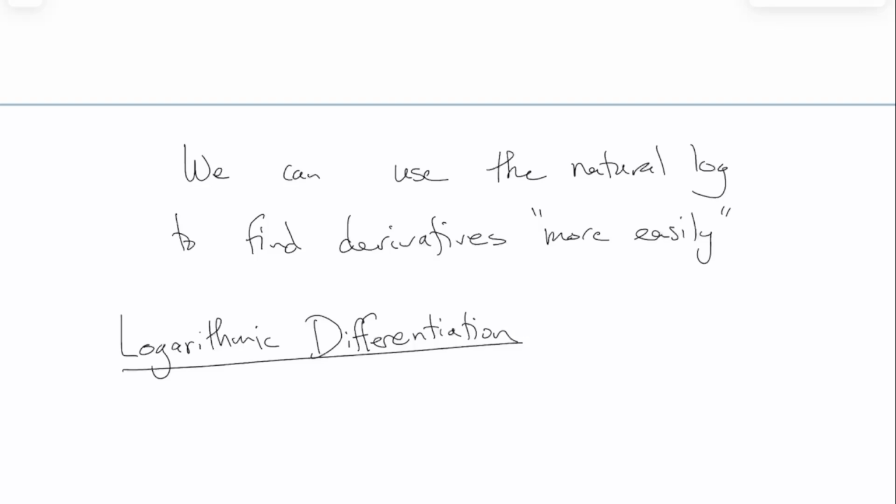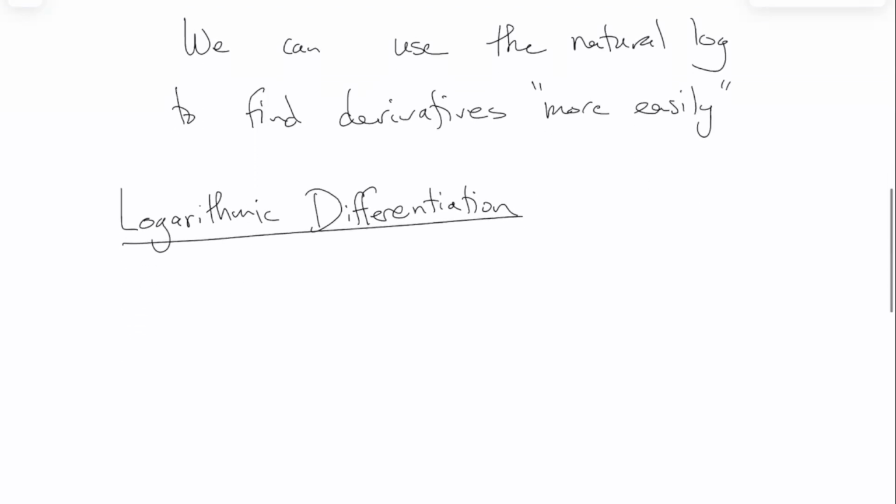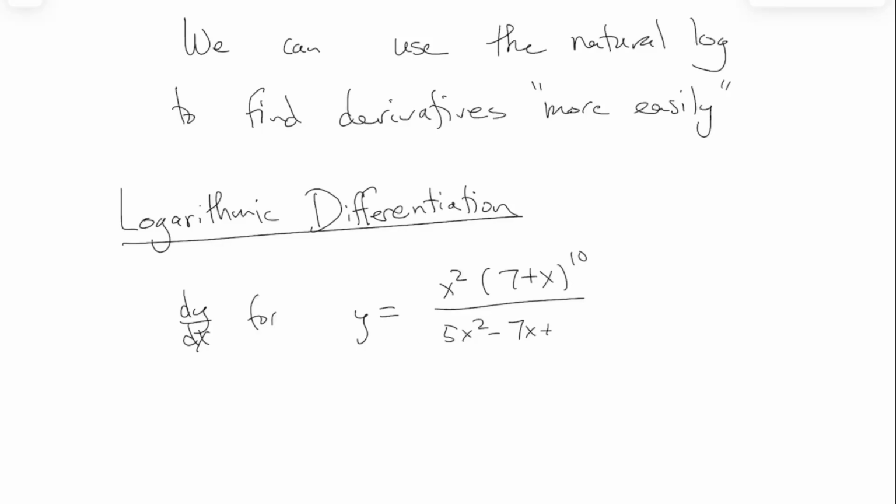This is kind of a derivative trick, which is not all that difficult to do, but involves using the natural log and then taking the derivative. For example, let's find the derivative dy/dx for y equals this fairly complicated thing, x squared times (7 plus x to the 10) over 5x squared minus 7x plus 4.